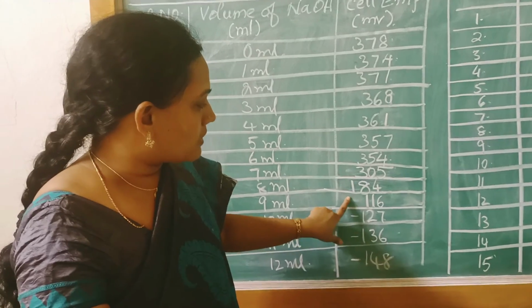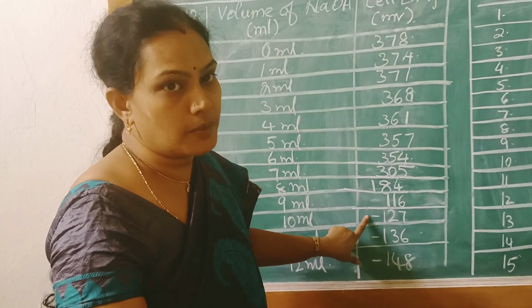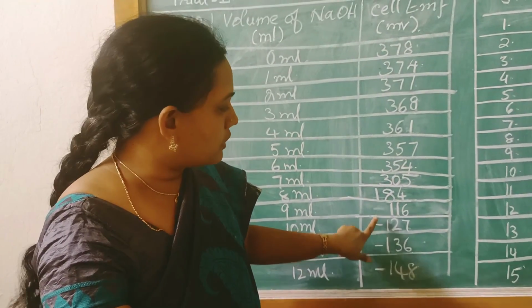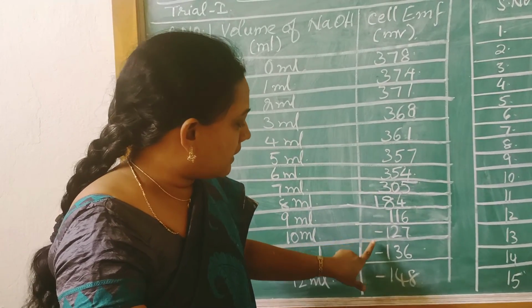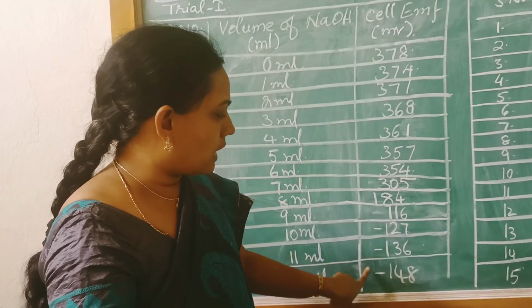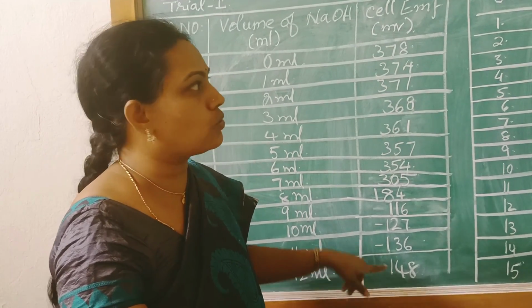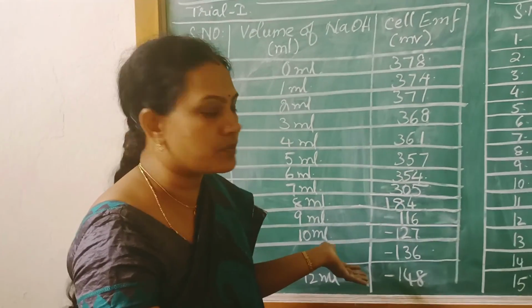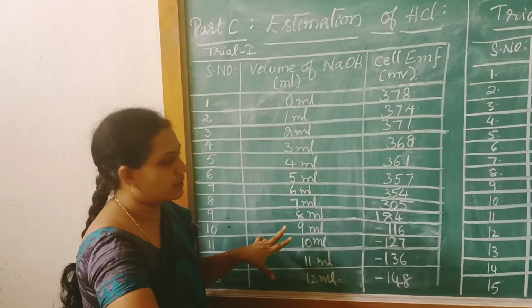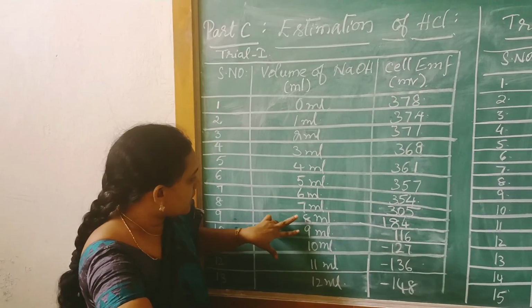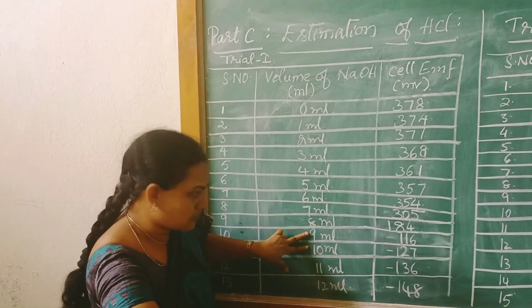So the drop from positive to negative shows the completion of the neutralization. There lies the point of inflexion. I have further taken a few more values after this point to obtain a standard curve. This gives me a rough idea about where exactly the point of neutralization is occurring. It's occurring between 9 to 10 ml.